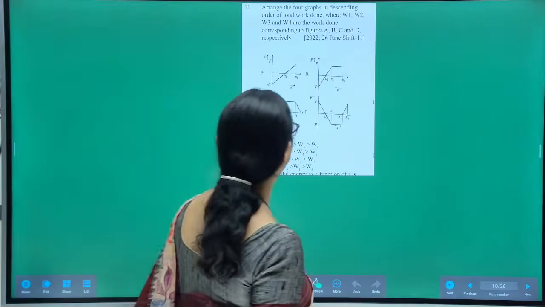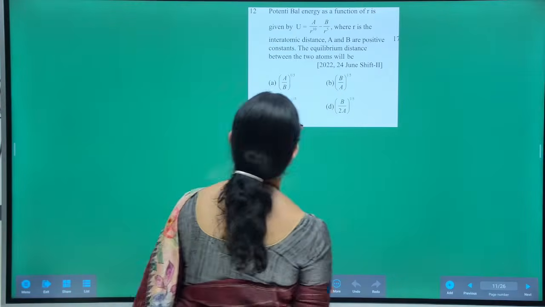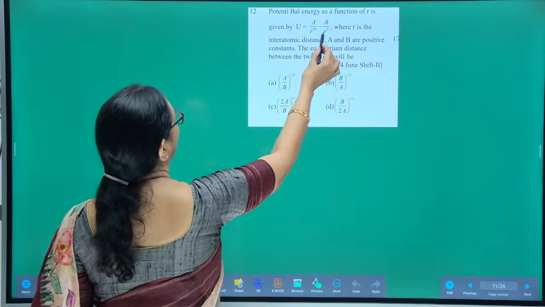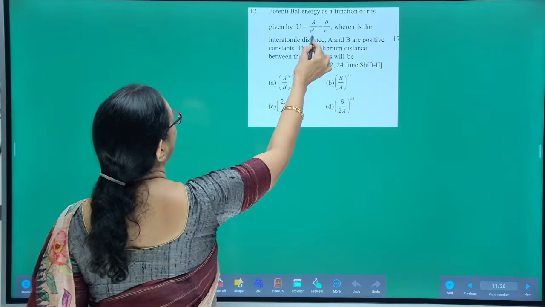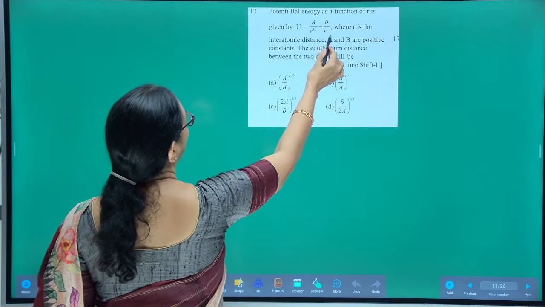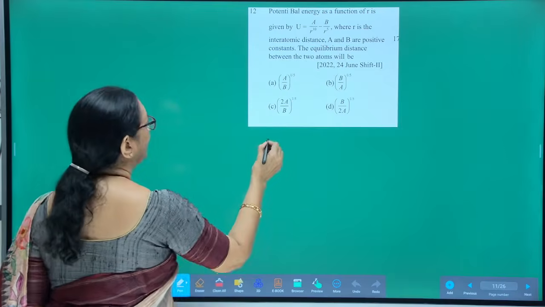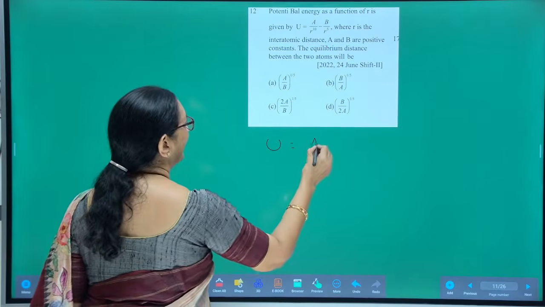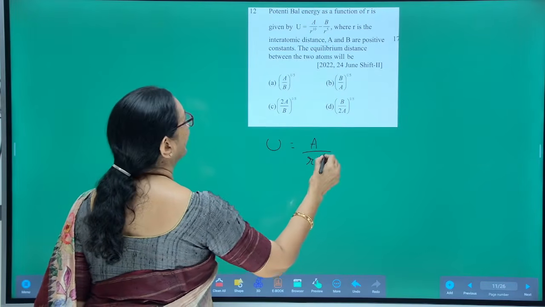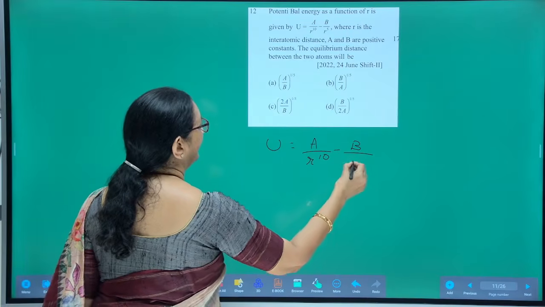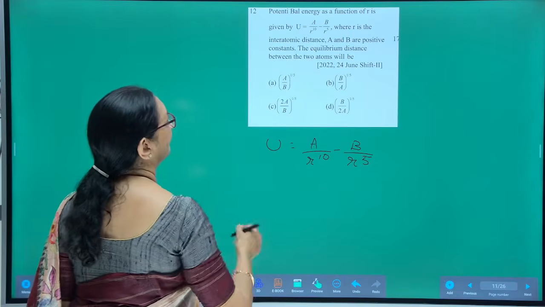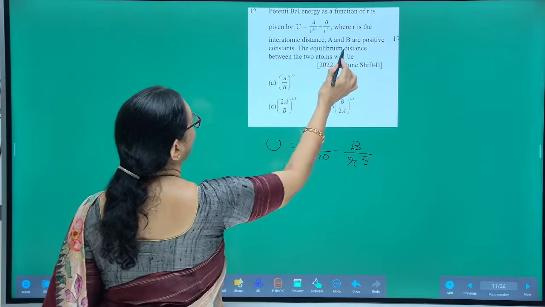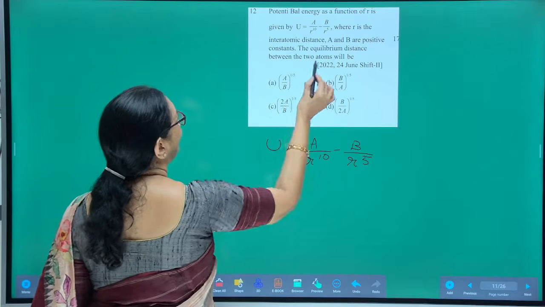Now, move on to the next. Look here, the potential energy of a ball is a function of distance as U is equal to a by r to the power of 10 minus b by r to the power of 5, where r is the interatomic distance, and a, b are positive constants.